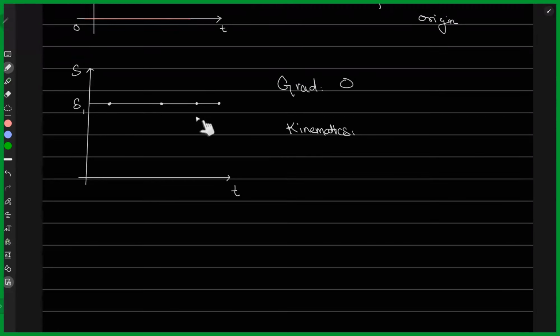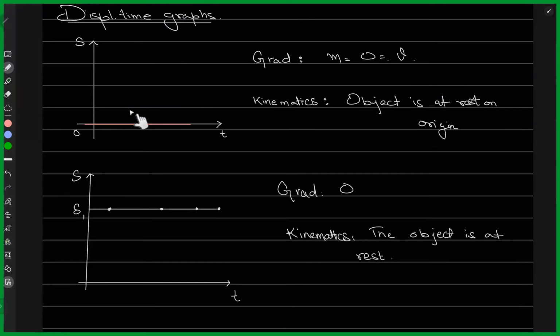Displacement is not changing, right? So the object is at rest. Velocity is 0 because displacement is not changing. But this time, how is it different from the above one? In the above one, the object was also at rest.